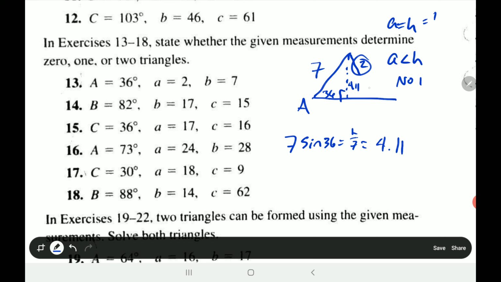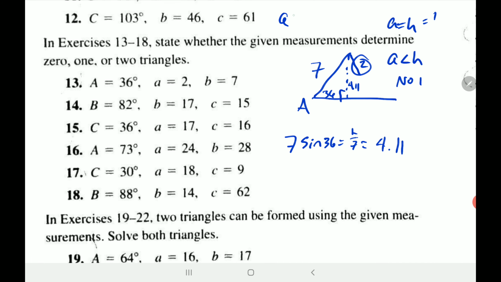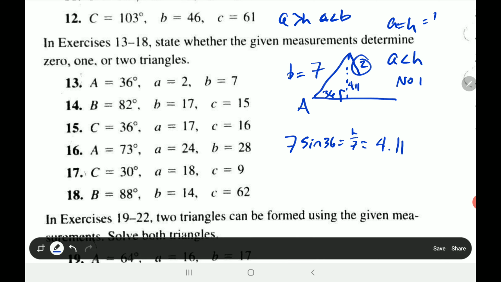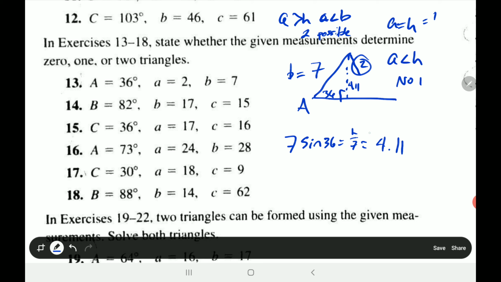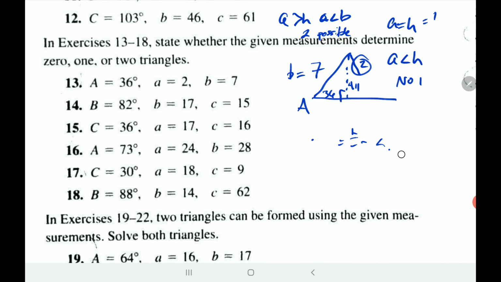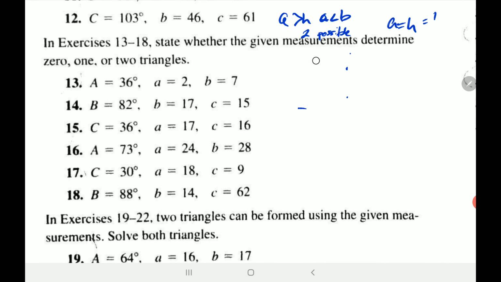If side A here is greater than the height, but less than the side B here, then there are two possible triangles. That's where you get to the acute and obtuse triangles. Okay, so let me show you an example of that. All right.